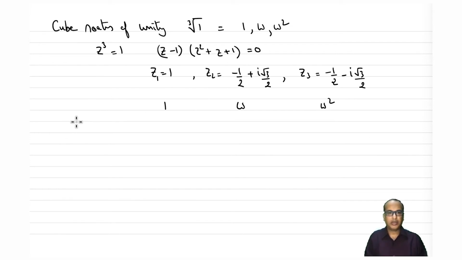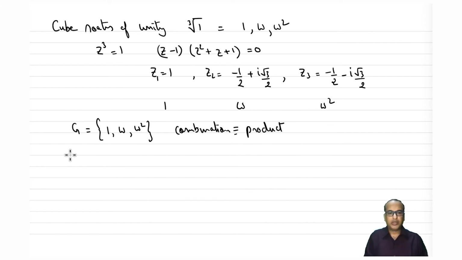So let's go further. Let's say this particular group, which is defined as the cube root of unity, does it follow the four properties? Let's test the closure property, and in this case the combination in the closure definition, we will consider as product.